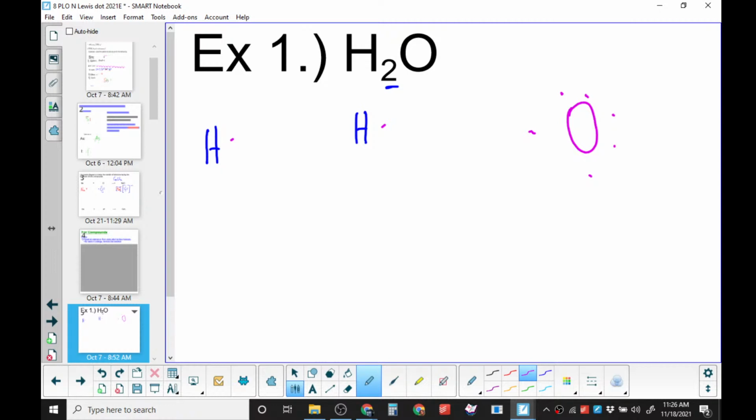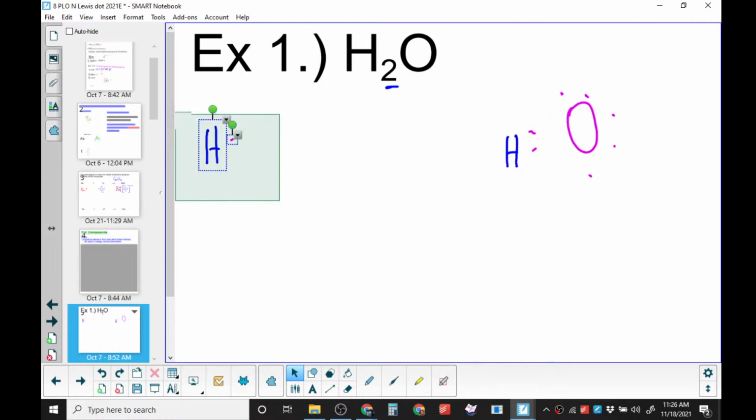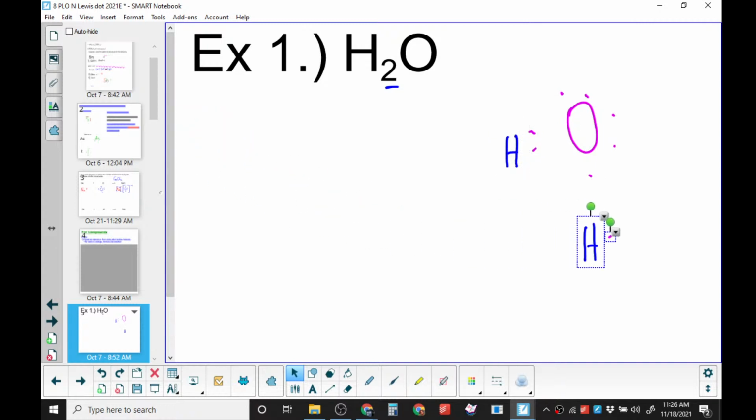How should this go? Yes? Both the hydrogens go on either side. So, where? Here, here, here. There? Okay. And the other one on the bottom, perfect. And I'll rotate that.